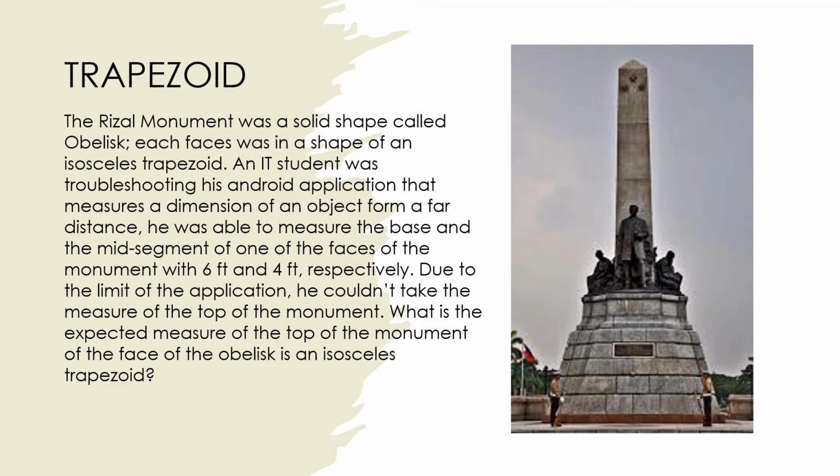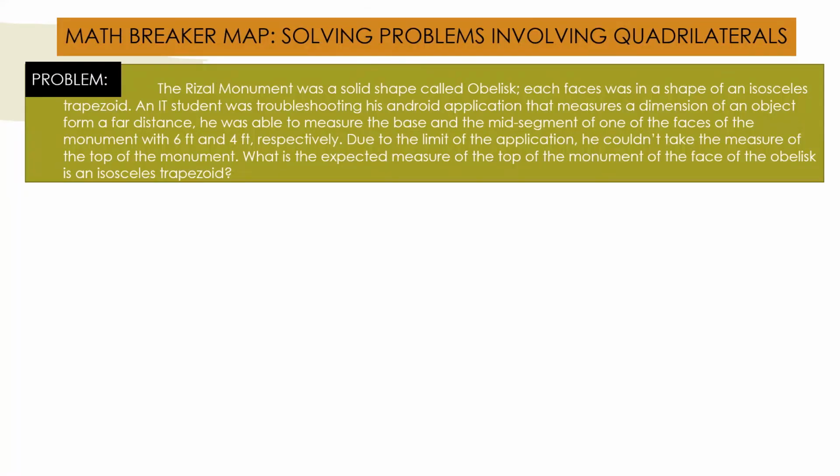Due to the limit of the application, he couldn't take the measure of the top of the monument. What is the expected measure of the top of the face of an obelisk if it is an isosceles trapezoid? Let us use a math breaker map again to solve the problem.